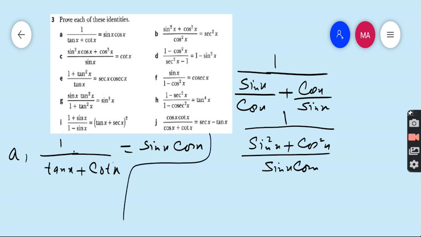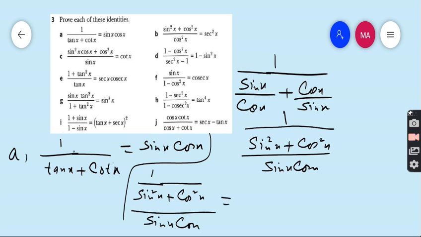So 1 upon sin square x plus cos square x. And this last fraction can be written in terms of division, or you can directly write sin x upon cos x is equals to this sin x cos x directly multiplied by this 1.